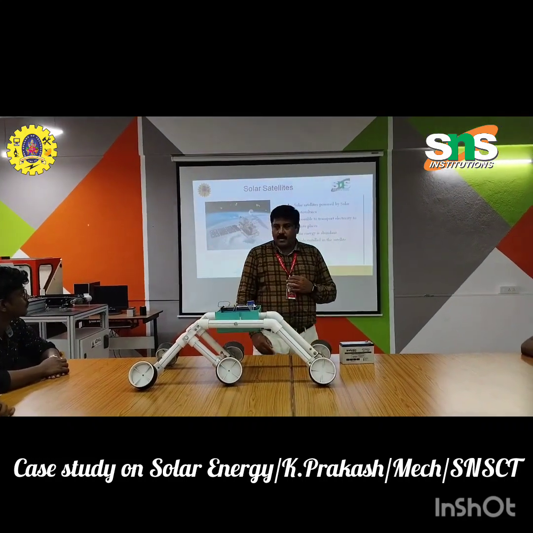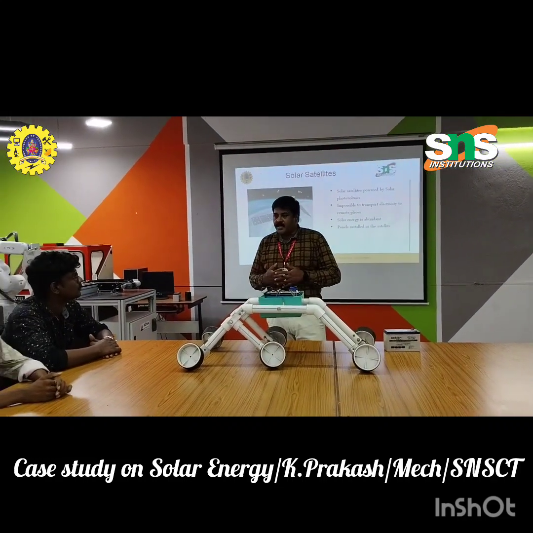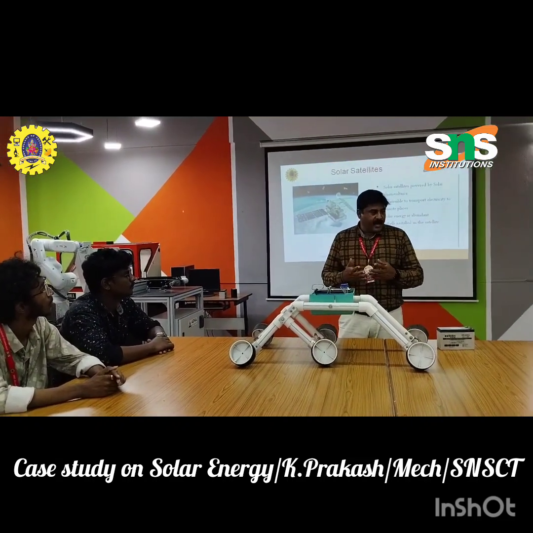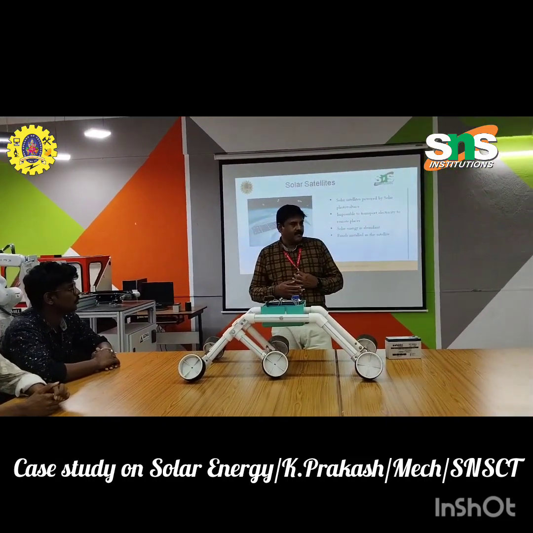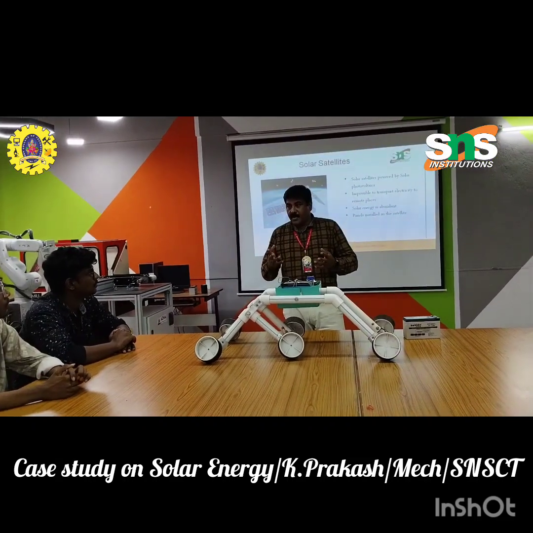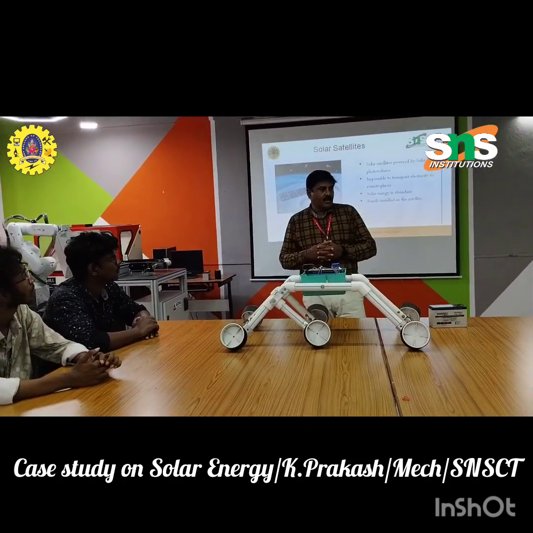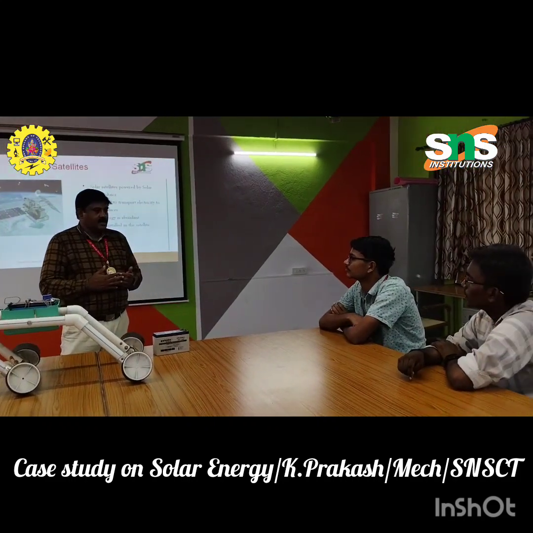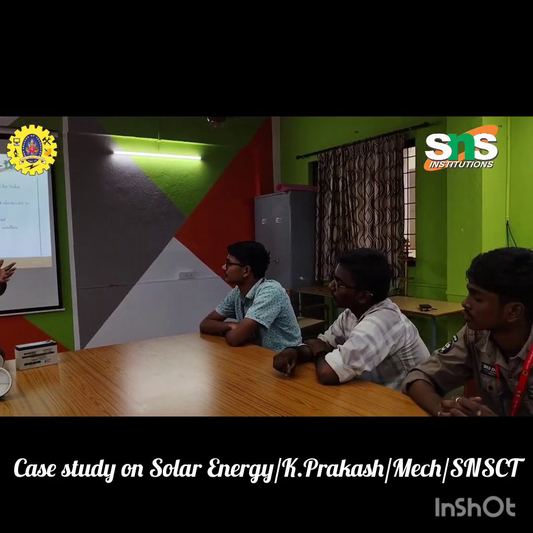Now can you tell me how the solar satellites run in space? How is the energy provided? Do you have any idea? Solar energy plays a vital role because the transfer of energy cannot be done.